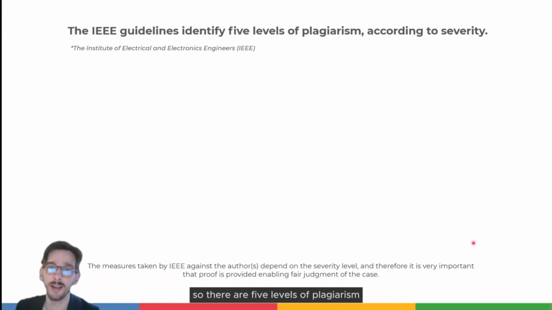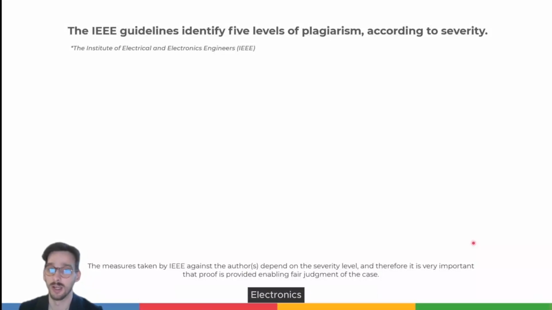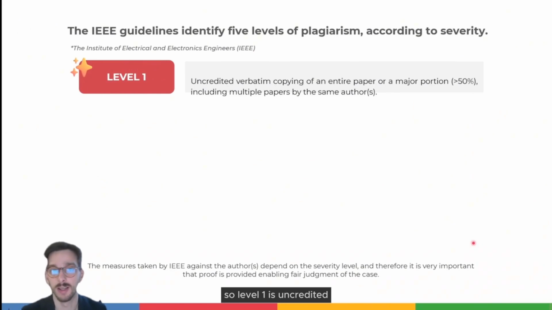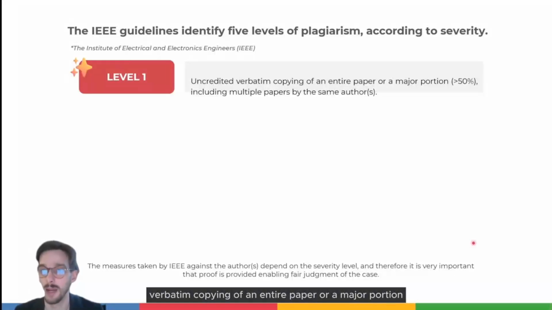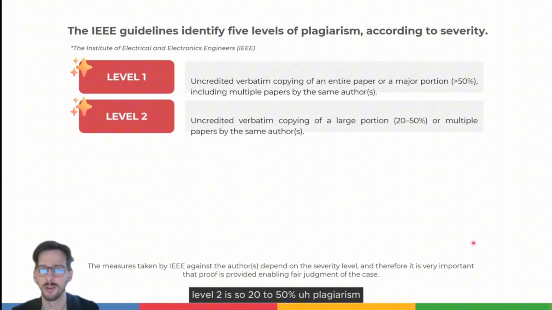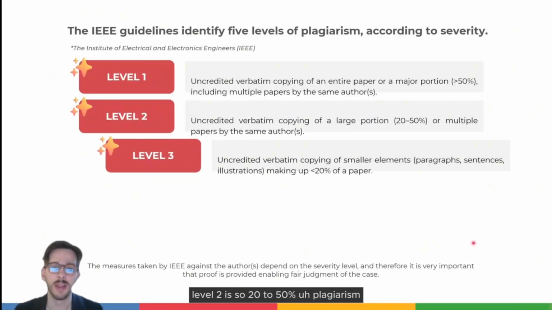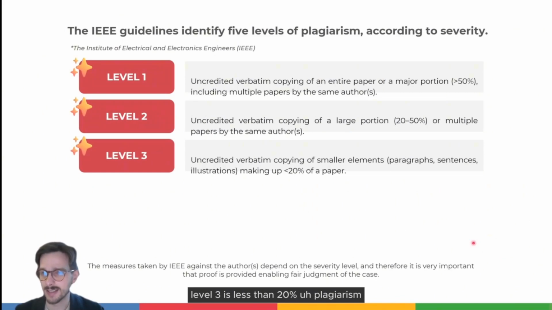There are 5 levels of plagiarism according to the Institute of Electrical and Electronics Engineers. Level 1 is uncredited verbatim copying of an entire paper or a major portion, including multiple papers by the same authors. Level 2 is 20 to 50% plagiarism. Level 3 is less than 20% plagiarism.